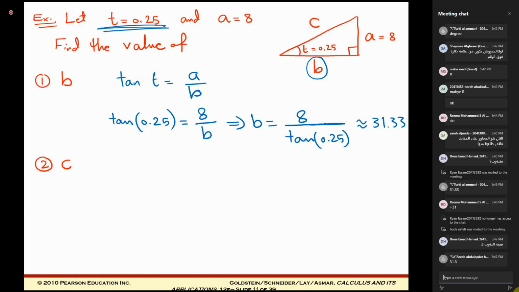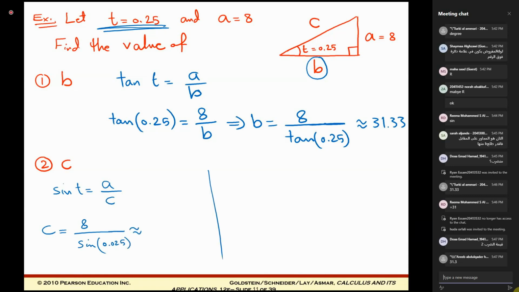Okay, now to find C, we can find C by sine. Sine T equals A over C. So C equals 8 over sine 0.25.